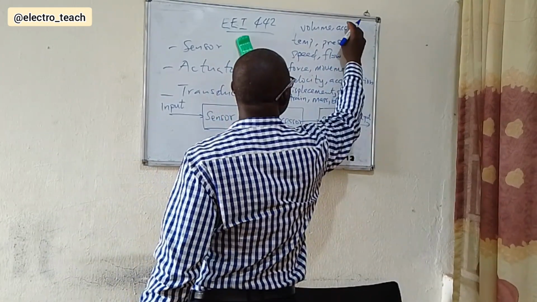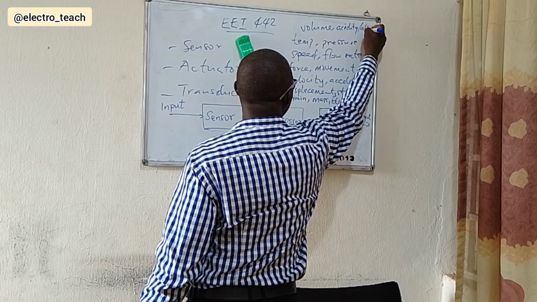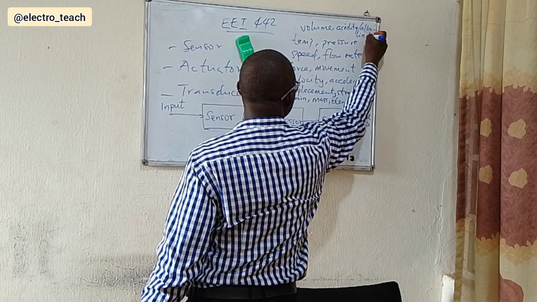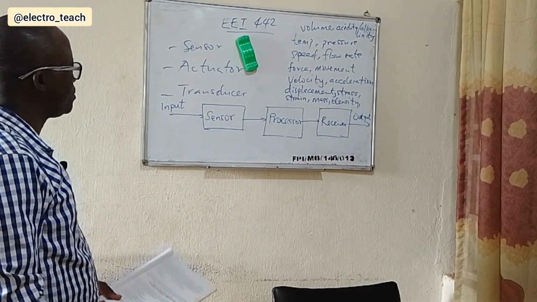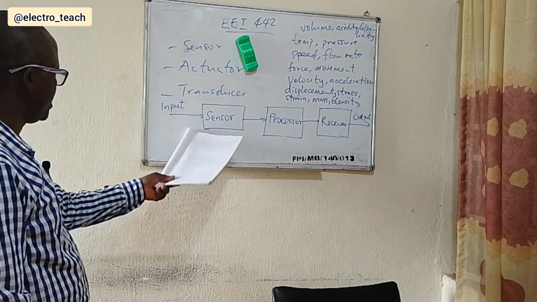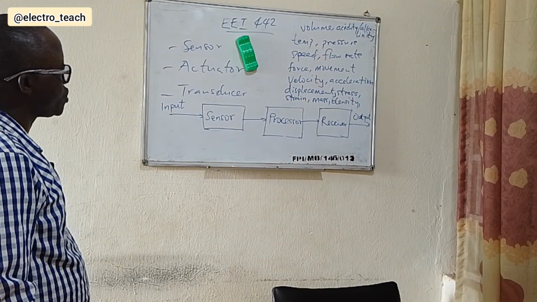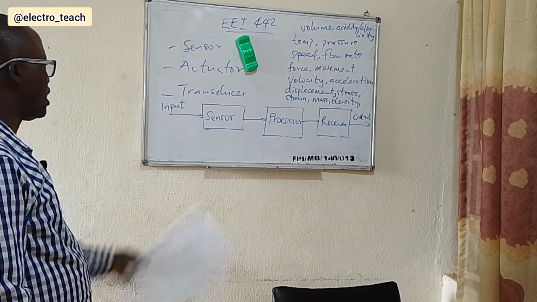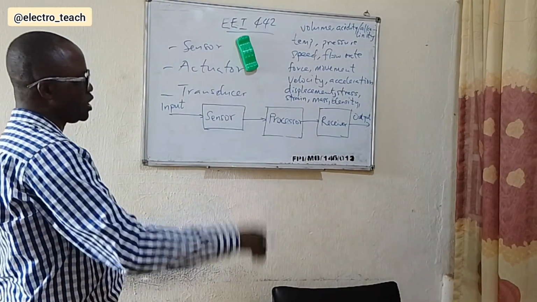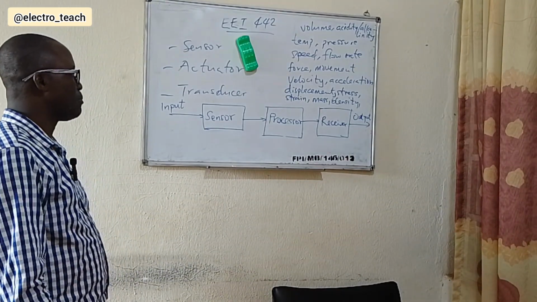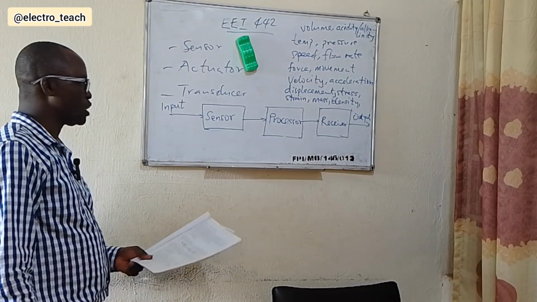Okay, these are various input parameters that the sensor can be applied to monitor. So those are input parameters that go into the sensor, which is the transducer. There are many more than this, but these are the most common that we can talk about.